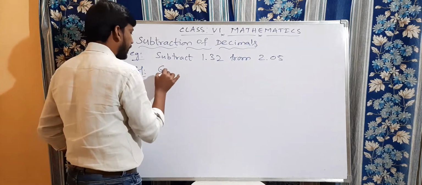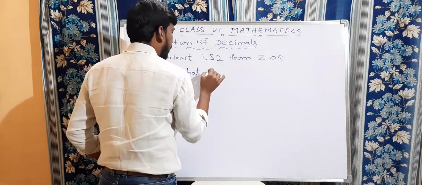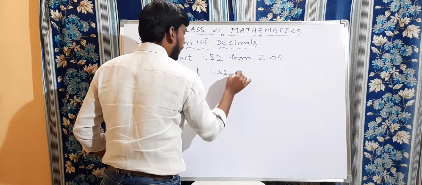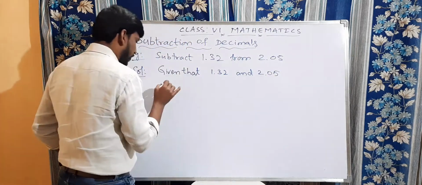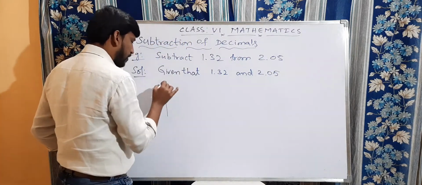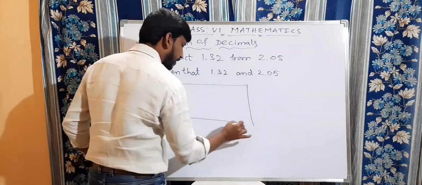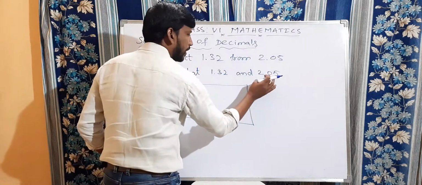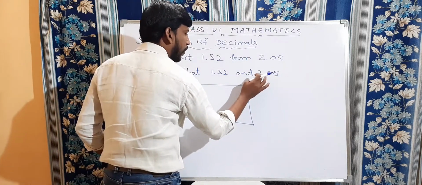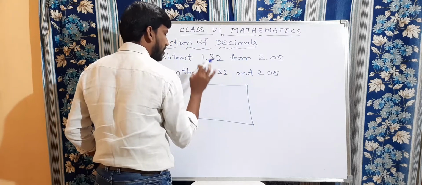Solution. Given that the decimal numbers are 1.32 and 2.05. Now see, how many place values are there? 100th place, 10th place, and 1's place.